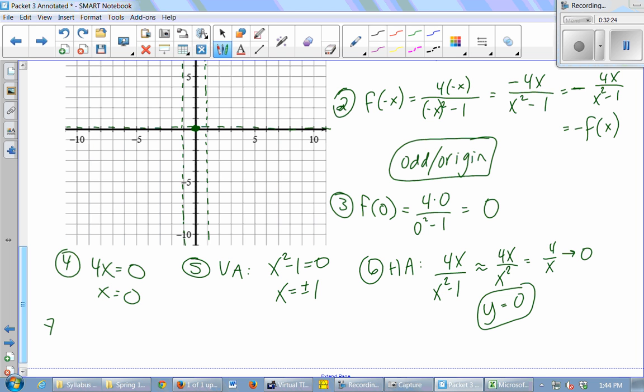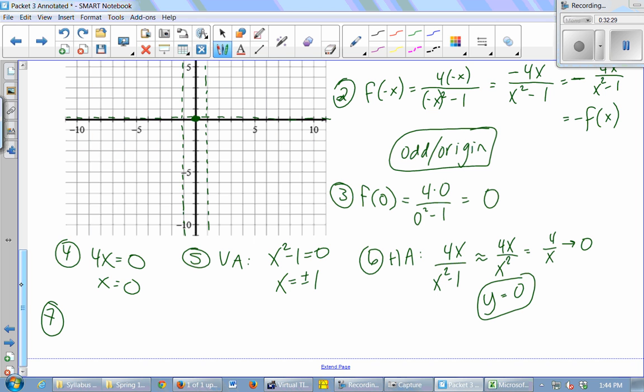So let's pick a point to the left, like maybe -5. F of -5 is going to be 4 times -5 over -5 squared minus 1. So it'd be -20 over 24.